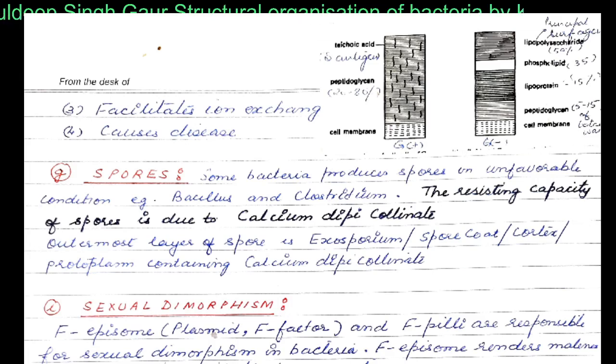Resistance capacity is afforded to the bacterial cell by calcium dipicolinate. The outermost layer of the spore is the exosporium, which is layered, also called the spore coat or cortex. The protoplasm inside has calcium dipicolinate.